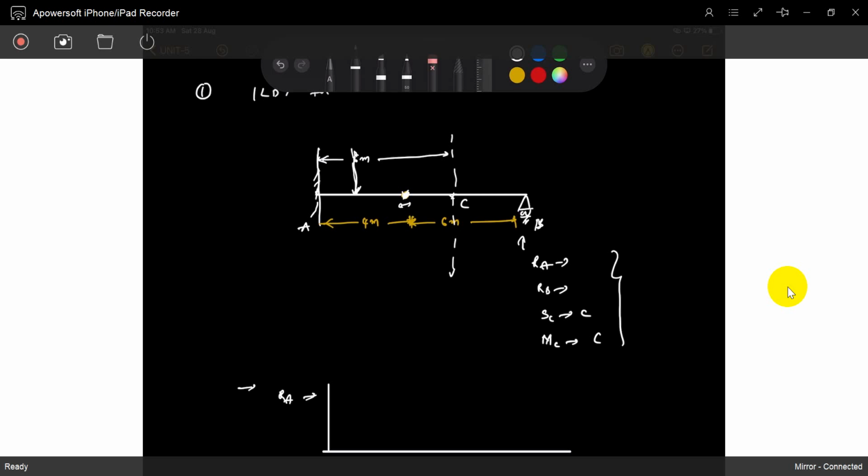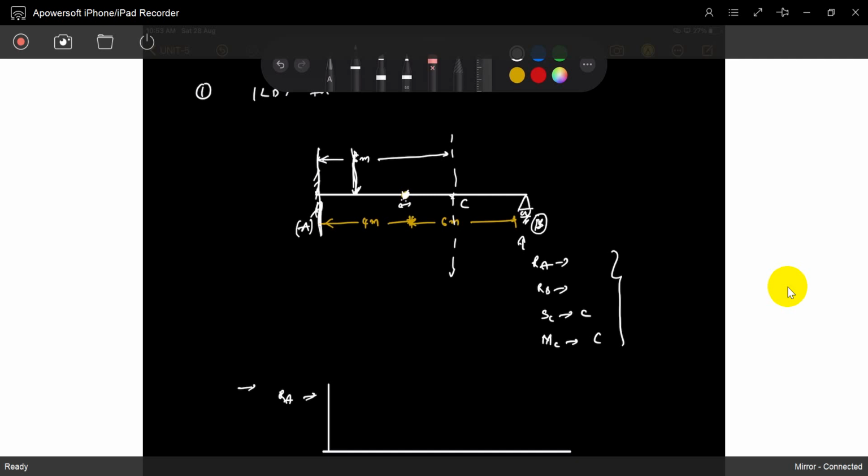If RB has something, compulsory RB multiplied with the distance will come to some moment. But this is the position of the hinge. That means the moment is compulsory 0. Because the moment at this location is 0, there is no shear, there is no reaction developed at B. So compulsory the total reaction is taken by A only.